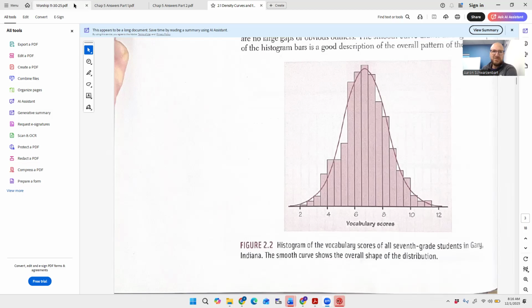So, keys to a density curve. That's not a very good drawing of a graph. So it's a graph. Here we have our x-axis. Density curves can look in all kinds of shapes. They are above the x-axis and they have an area of 1.